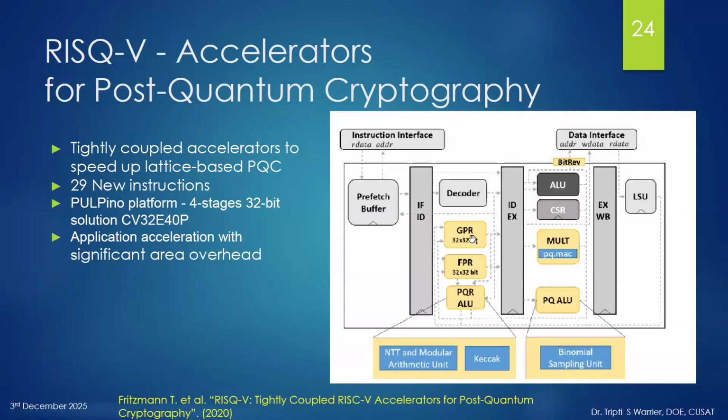And if you see, the orange color parts are the different new components that have been added in the execution unit and decode unit, register files, etc., to support this. So at different stages they have added, it's a more complex design, but they have shown that there is performance improvement using this.